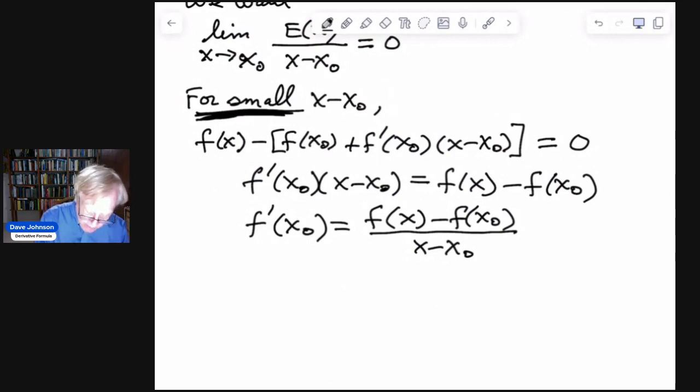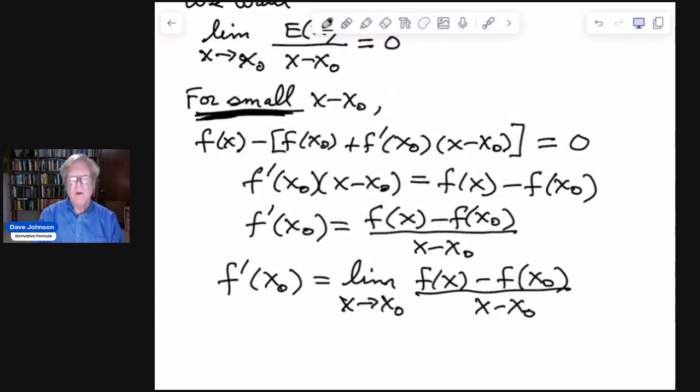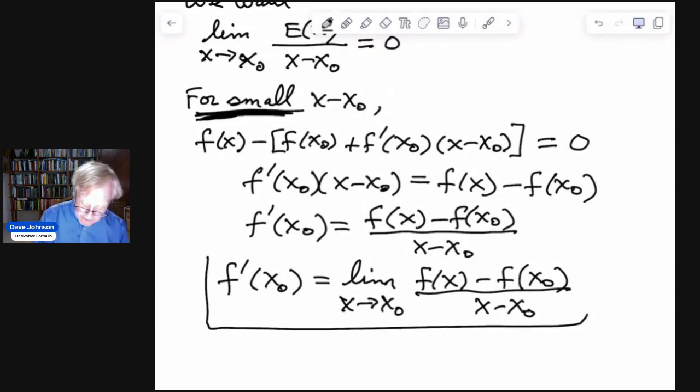And so I can rewrite this as f prime evaluated at x naught is equal to the limit as x approaches x naught of f of x minus f of x naught divided by x minus x naught. And that's exactly one of the classic definitions for the derivative of the function f.